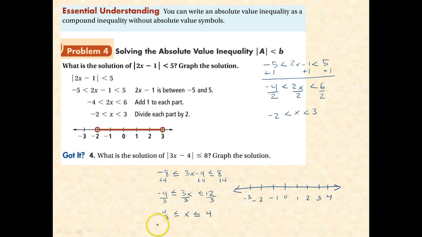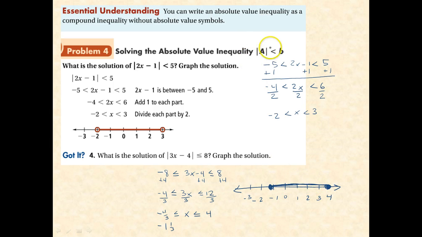Negative 4/3 is negative 1 1/3. So negative 1 1/3 is about here, and it'll be a solid circle because it's less than or equal to. Then that has to be less than all my solutions, and then all my solutions are less than or equal to 4. Solid circle there, everything in between.